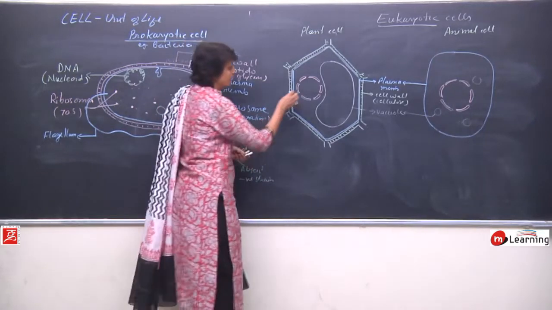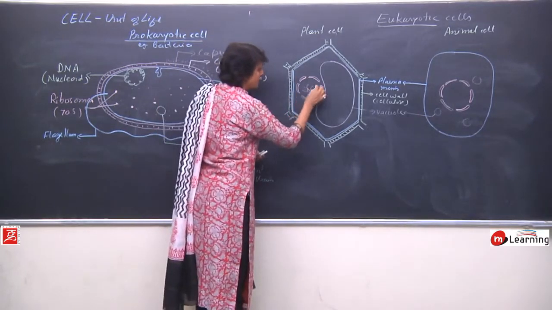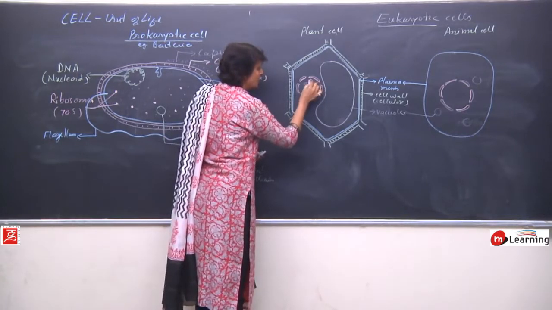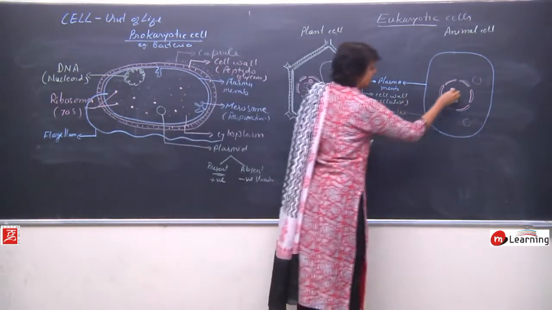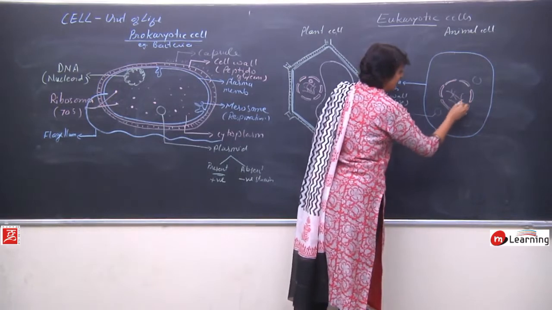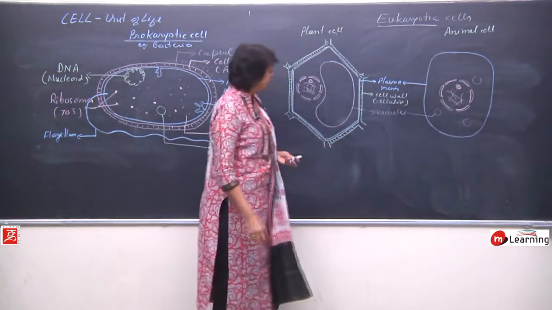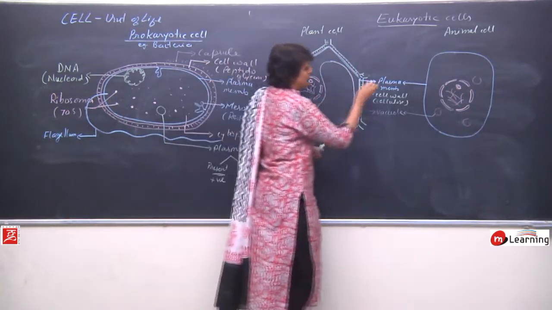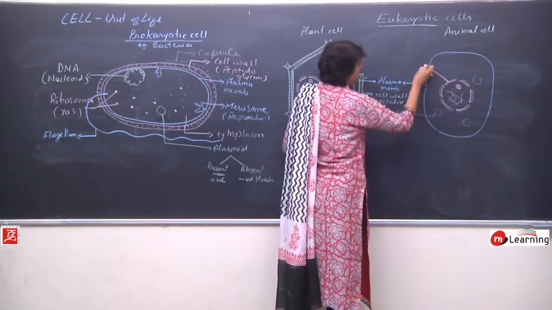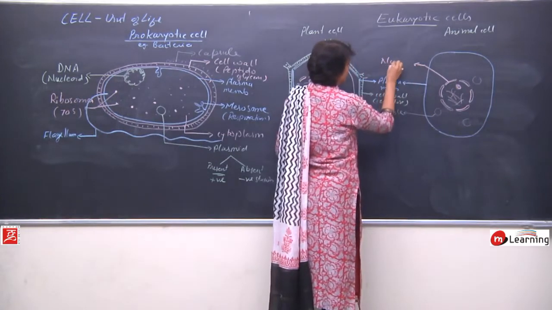Inside the nucleus there are chromatin fibers, nucleolus, same is the case in animal cell, chromatin fibers, nucleolus. Normally the number of nucleolus is one. So this entire structure is the nucleus.